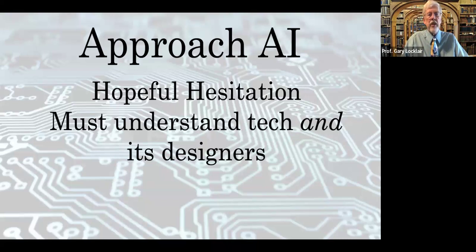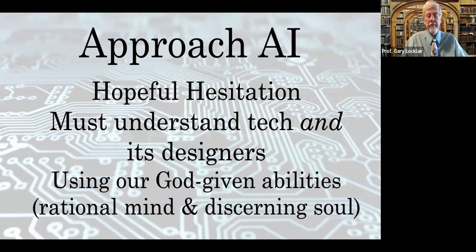You need to understand a little bit about the technology, and you need to understand the worldview of its designers. Pretty easy to do. Think about yourself as both good and bad, morally and ethically, all the time. Using our God-given abilities, God created us with a rational mind and a discerning soul. We can look at these things and make some determinations.